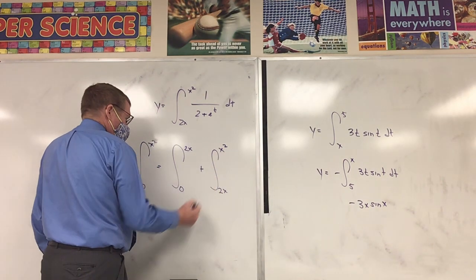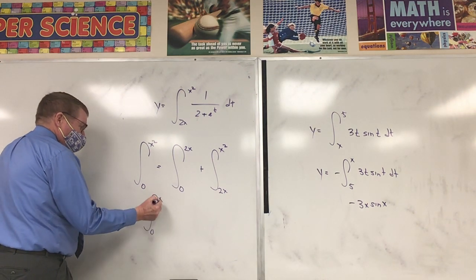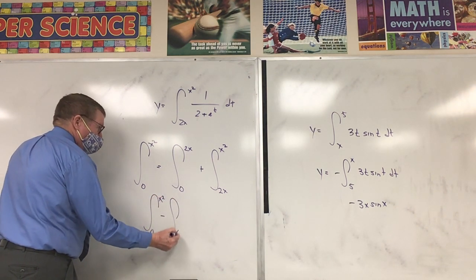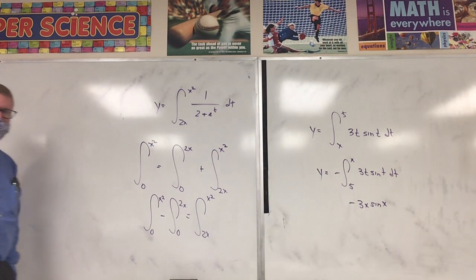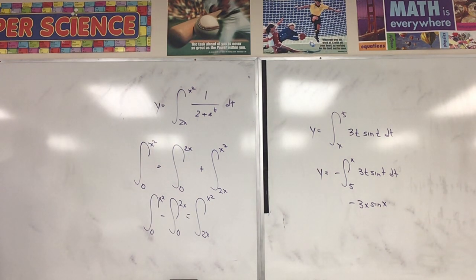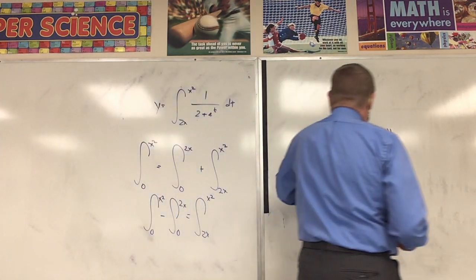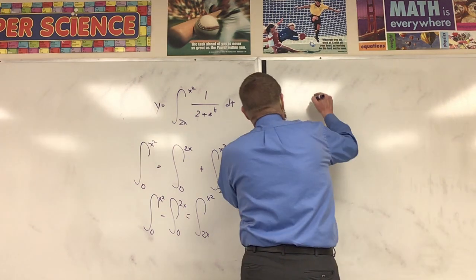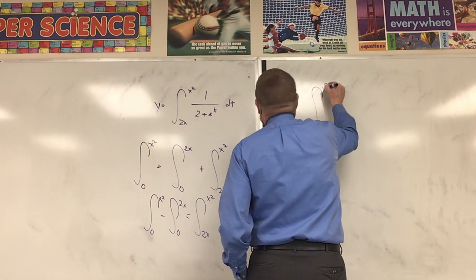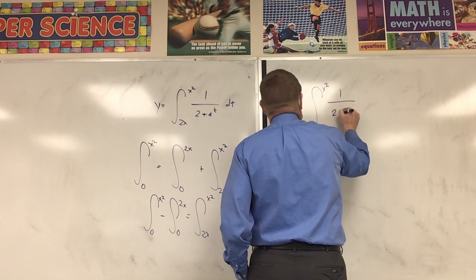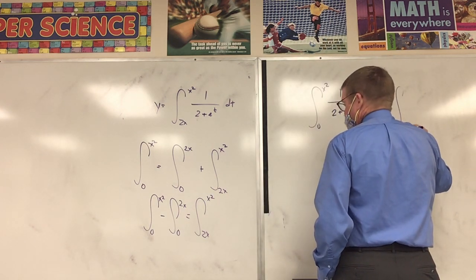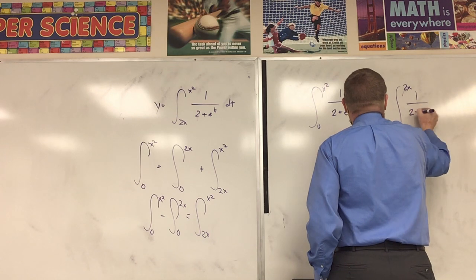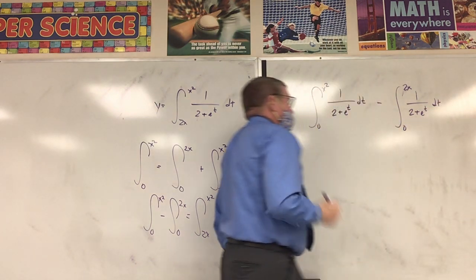So we're looking for this. Well, this is going to equal the integral from 0 to x squared minus the integral from 0 to 2x. Does that make sense to everyone? So now we just have to evaluate the integral from 0 to x squared of 1 over 2 plus e to the t dt minus the integral from 0 to 2x of 1 over 2 plus e to the t dt.